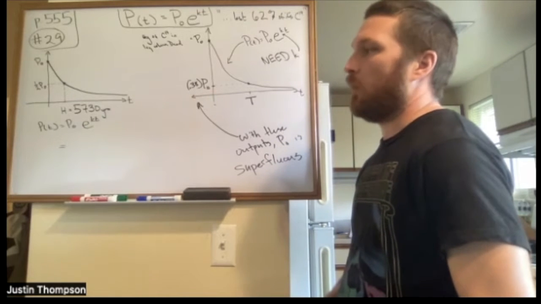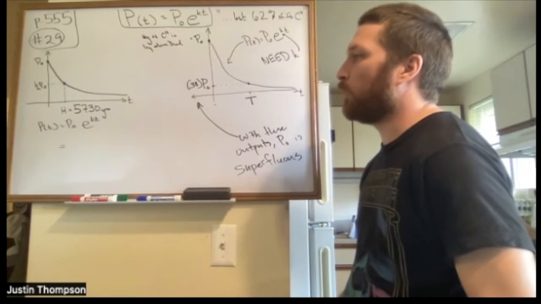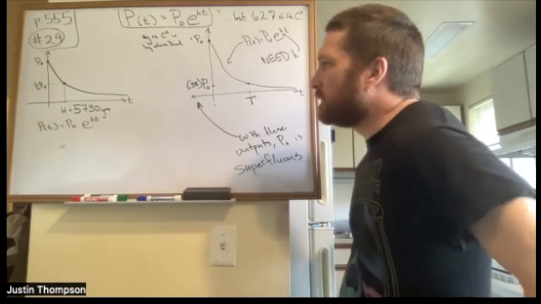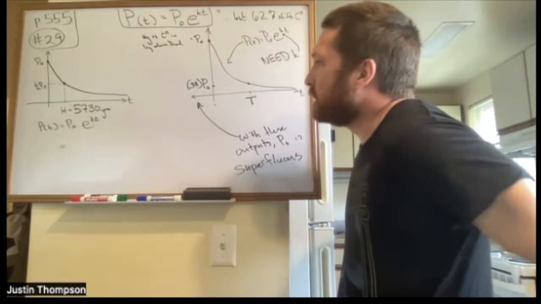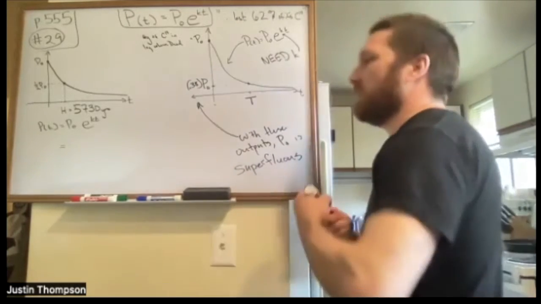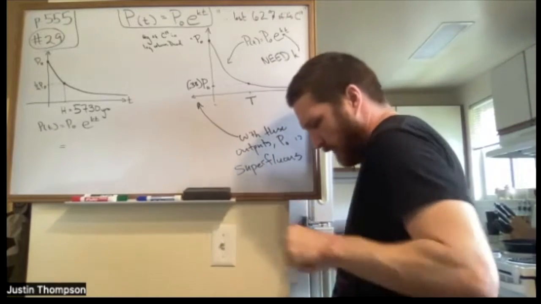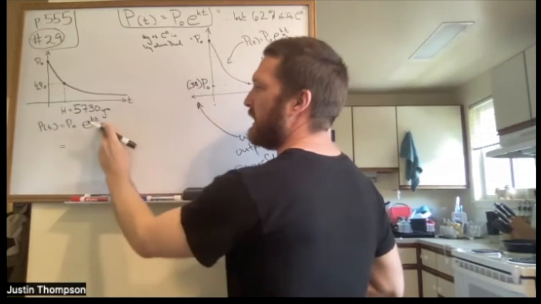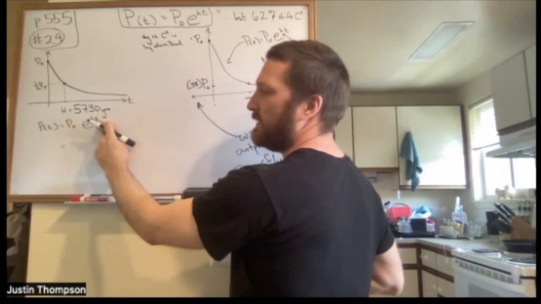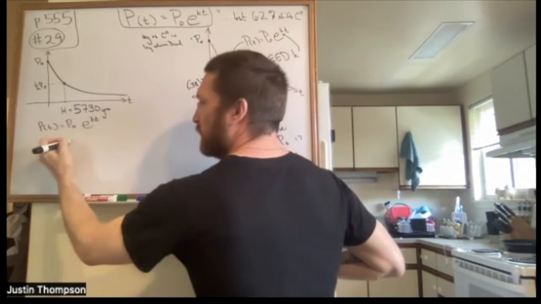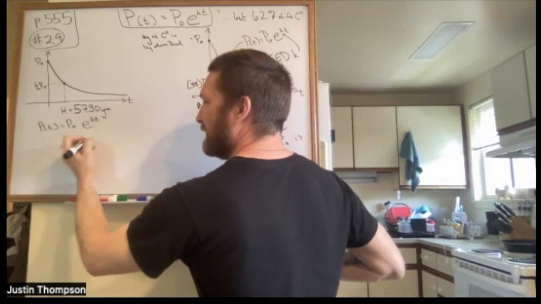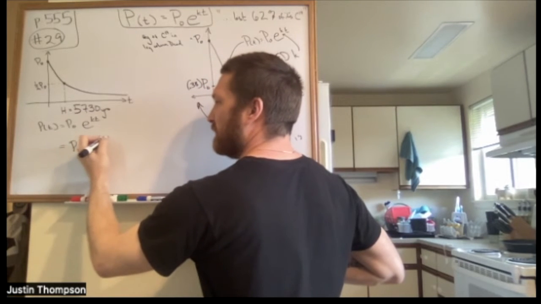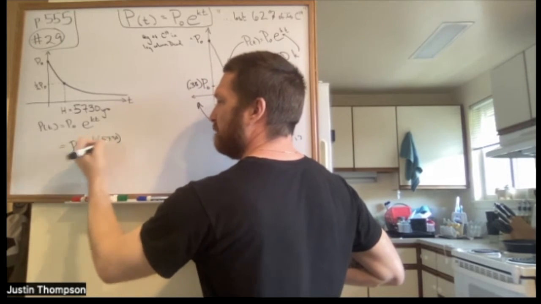So, okay, what's the input? 5730. There you go. Where does it go? The T. Yeah, and I'm going to plug it in here on the right-hand side for T. So P0 e to the unknown K, the thing that we're trying to get by itself, times 5730 equals what?